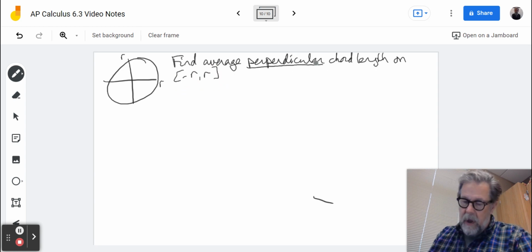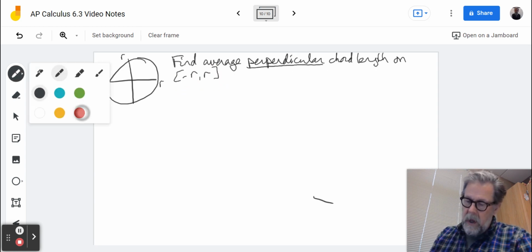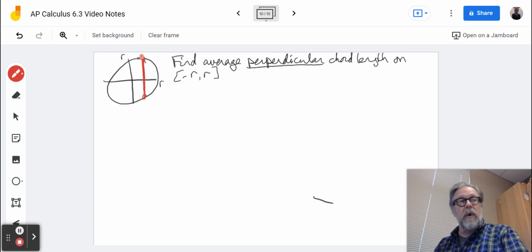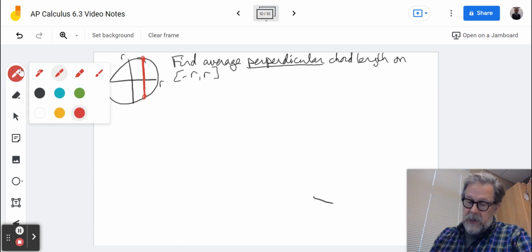I should probably clarify it. When I say perpendicular, I mean perpendicular to the x-axis. So there's my chord. It is perpendicular to the x-axis, and I want to find the average chord length on this circle. So let's do a little exploration.